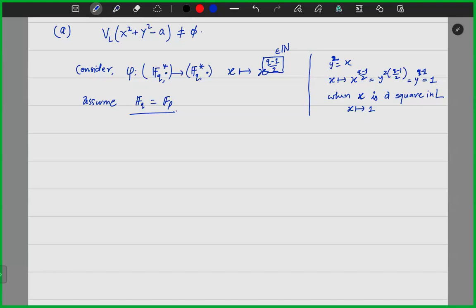If you find it in Z_p, that is enough. Understood? You want to find some root in L, so if there are roots in K, that's enough, because roots in K will be roots in L. K is the prime field Z_p. So in place of F_q, you just write F_p or Z_p. Then our calculation will go through.